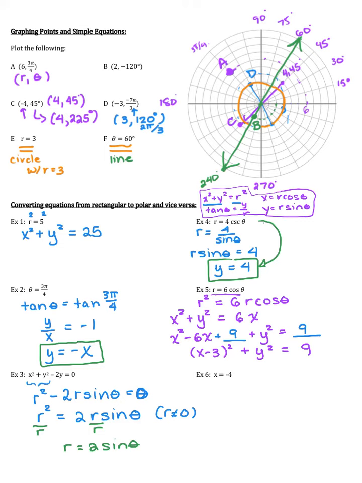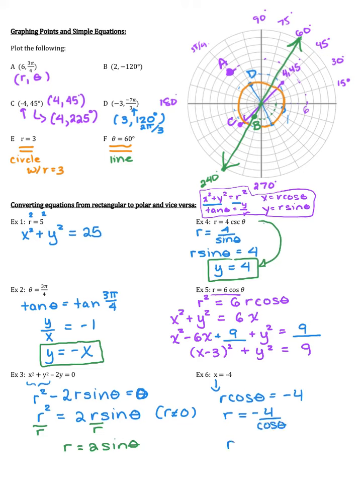And our last one, x equals -4. So we look at this and ask, okay, what am I going to do? I use one of my identities. x is equivalent to r cosine theta, but we like to have our r isolated, so I'm going to divide both sides by cosine theta.